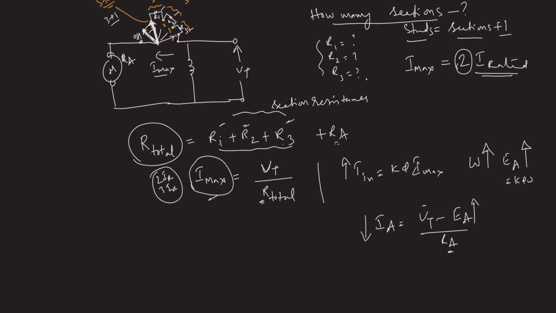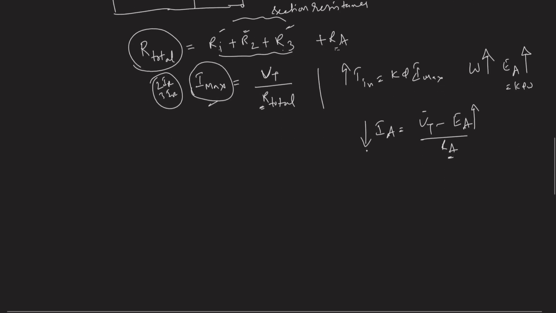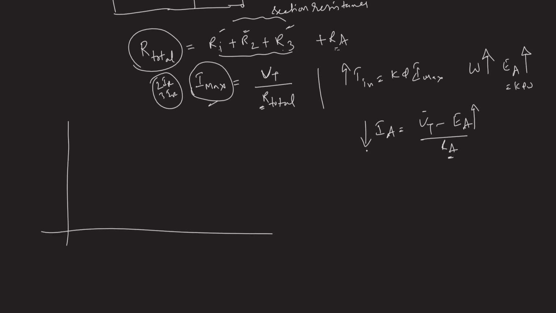If I draw the plots, this is the time axis, and on the y-axis I have the armature current and the speed. Let me represent omega in yellow color.